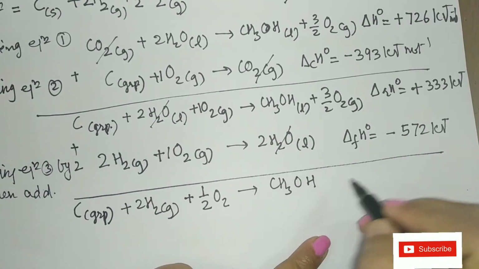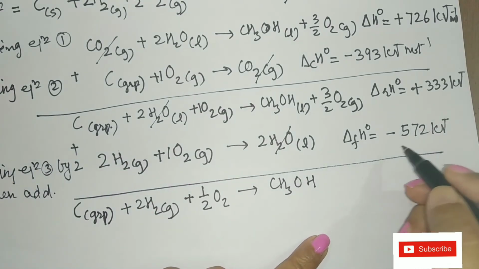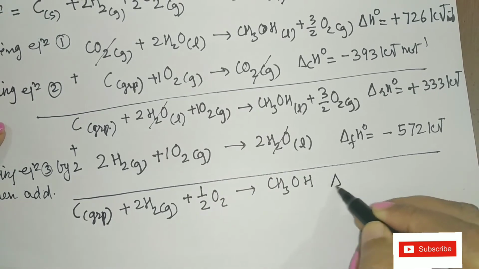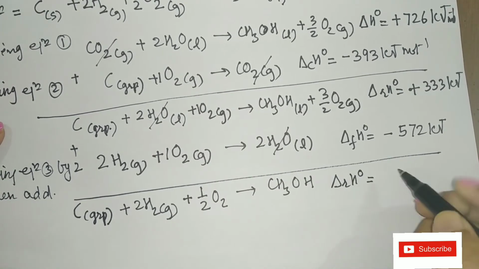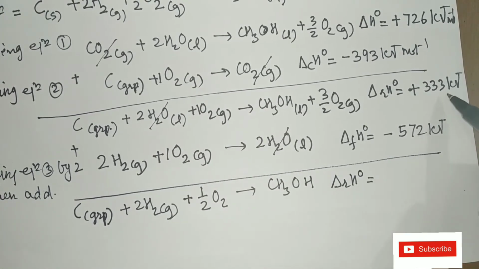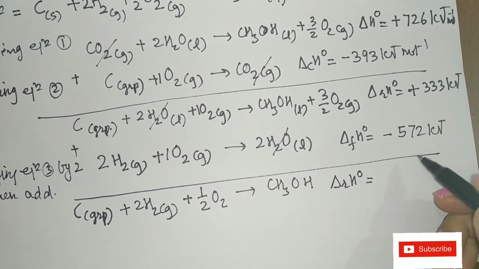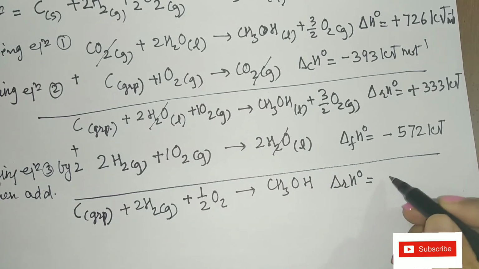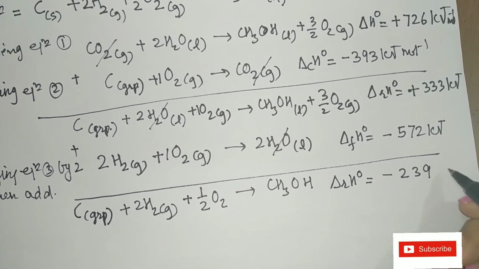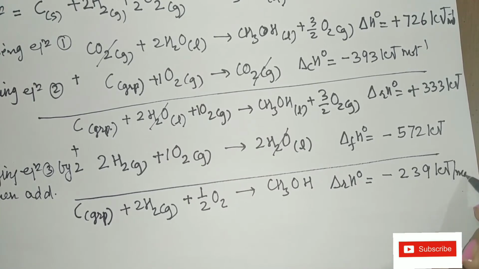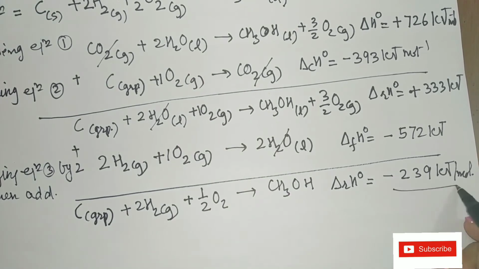And this, what I did, I have added. So let us add this also. So what I will get for the reaction, the total enthalpy will come out. Now it will be 333 positive and minus 572. So the answer here will be minus 239 kJ per mole. So this is what you got.